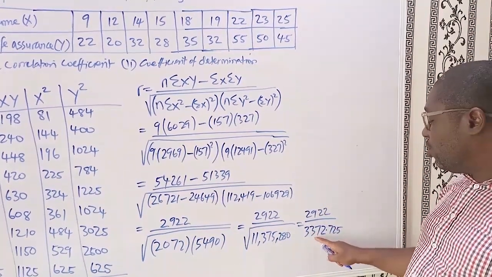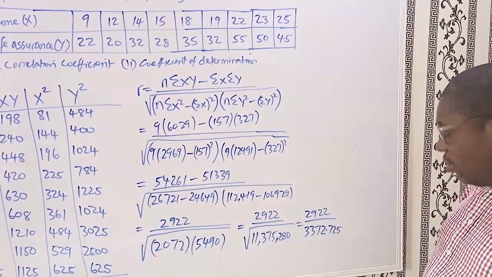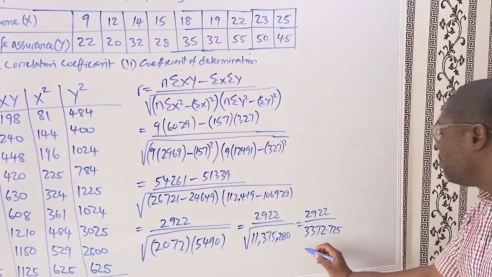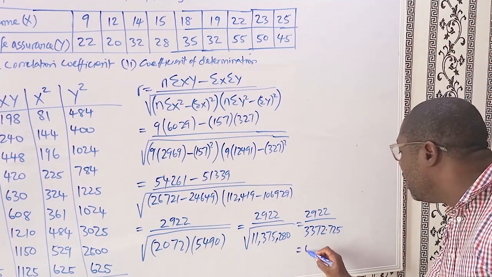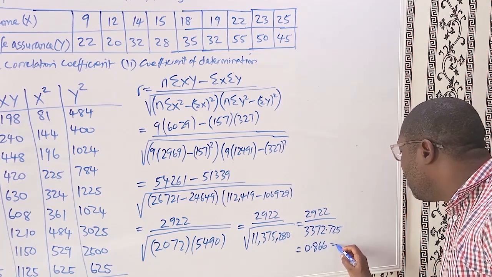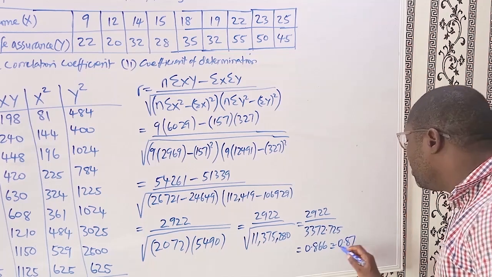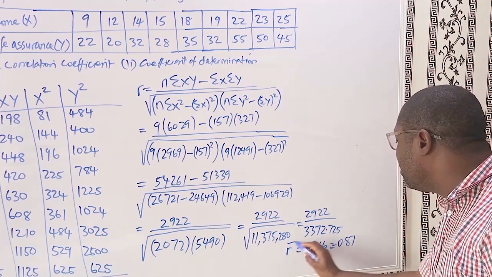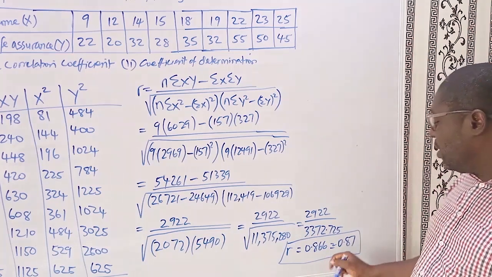So when we find this out, this will give us 0.866. Approximately we have 0.87. So our r, the value of our correlation coefficient, is 0.87.